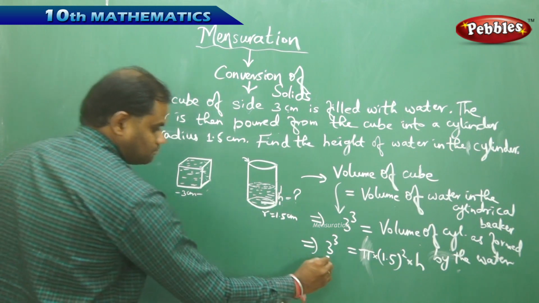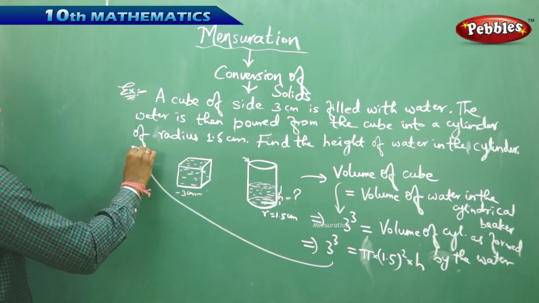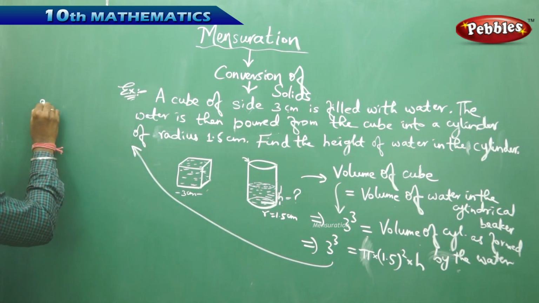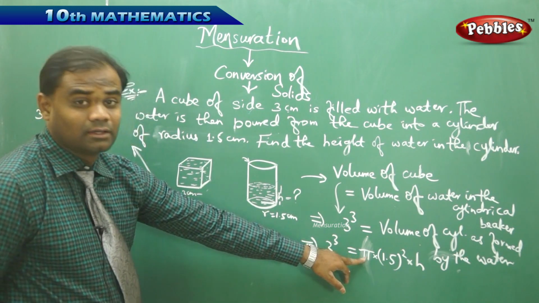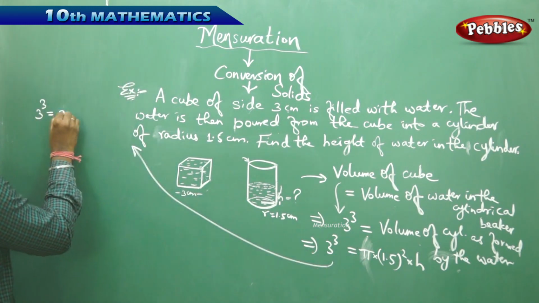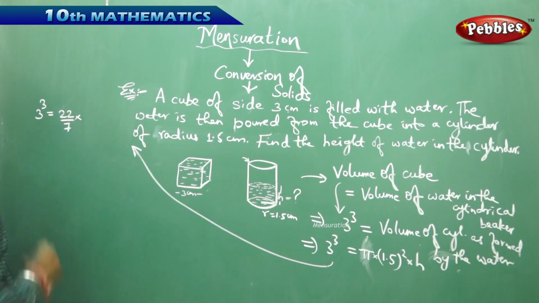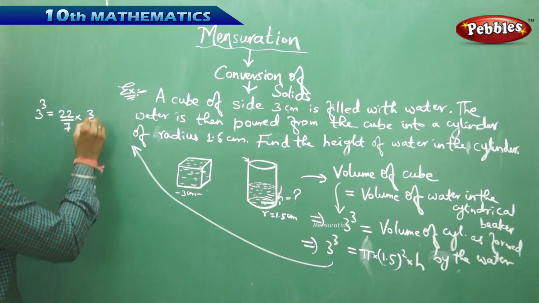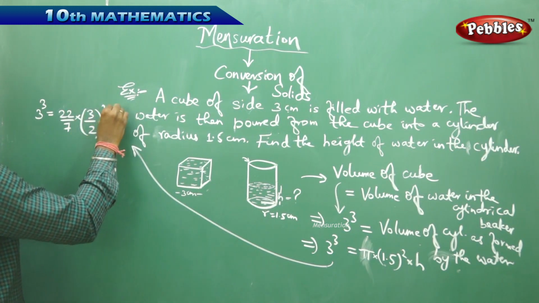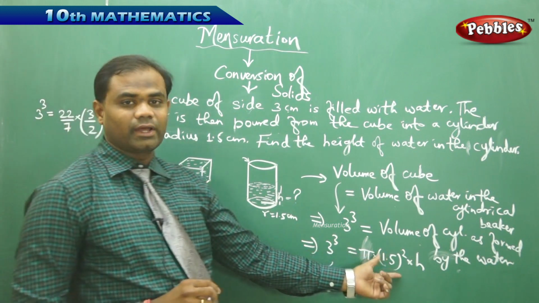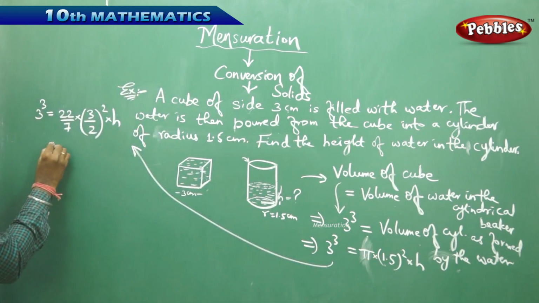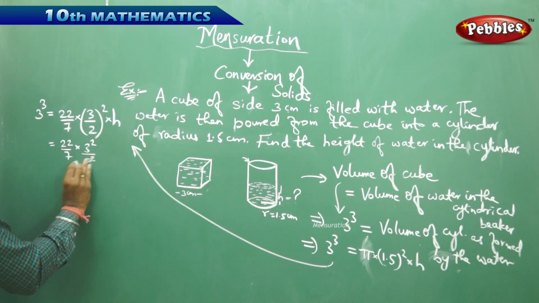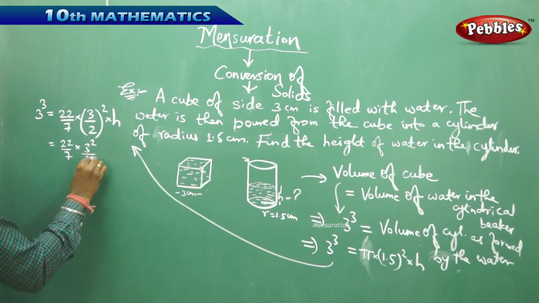So proceeding from this, I get an equation which is 3 cube equals pi, as we take 22 by 7, times 1.5 whole square. I can write 3 over 2 whole square times h, because 3 by 2 is 1.5. I write this because the next step would be 22 by 7 times 3 square by 2 square, or 4, times h.